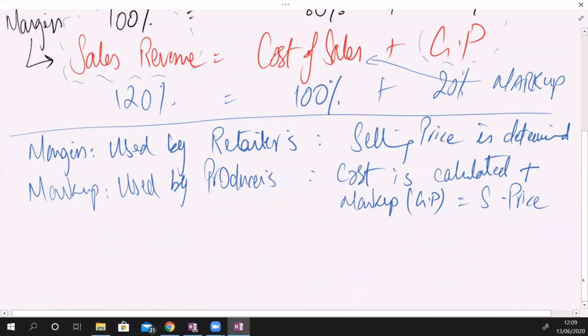See, the concept is different. Markup is being used by a producer. A producer would identify the cost of production first and then will mark up profit on it, right? However, a retailer would know the selling price of the goods first, and then the retailer would be asking for their profit margin in this.